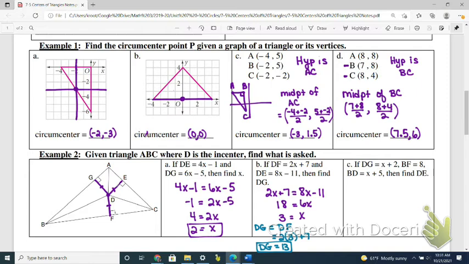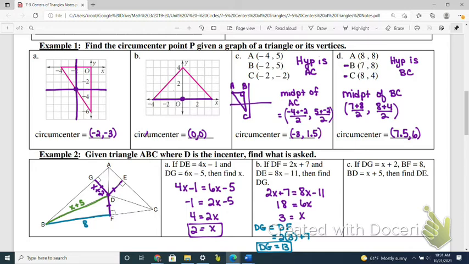Okay, looking at letter C, it says if DG is x plus 2, and BF is 8, and BD is x plus 5, find DE.